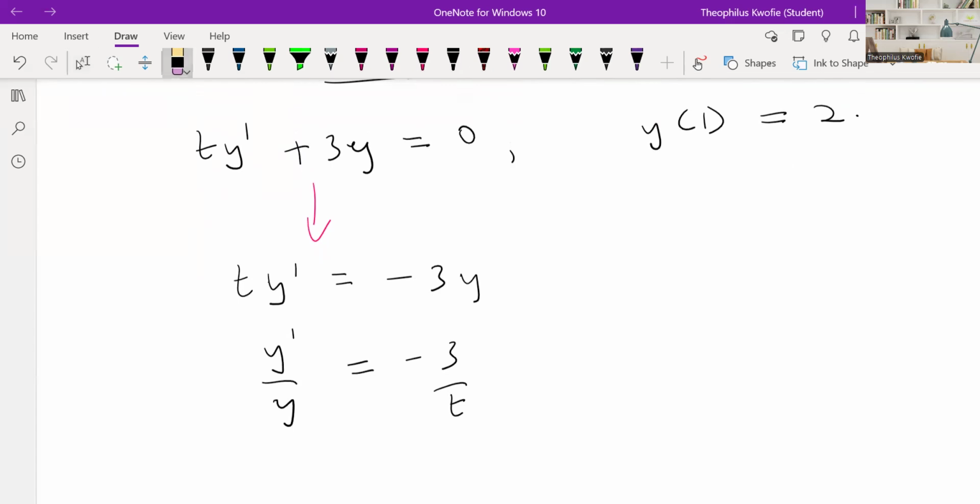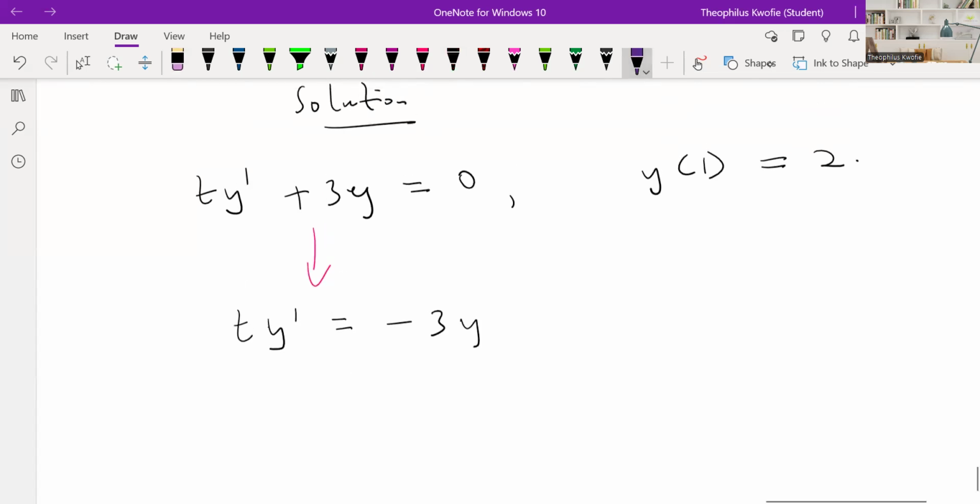Another easier way you may want to employ, so that someone doesn't get confused here, is to write it in a different way. So we said that this can also be written this way.